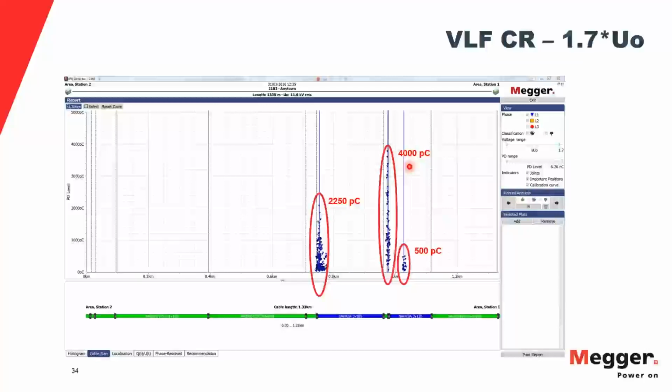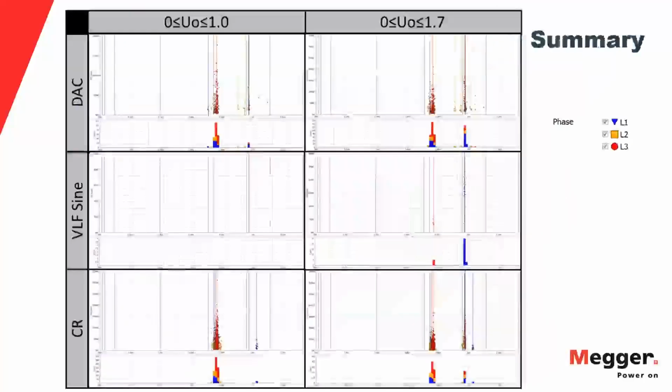So here's the summary of these results. The first thing you can look at without even taking too much of a look is that the cosine rectangular and the damped AC results look pretty similar. They both show a lot of PD activity at two locations. What you don't see on the VLF sine, though, is anywhere near as much activity on either of the locations.